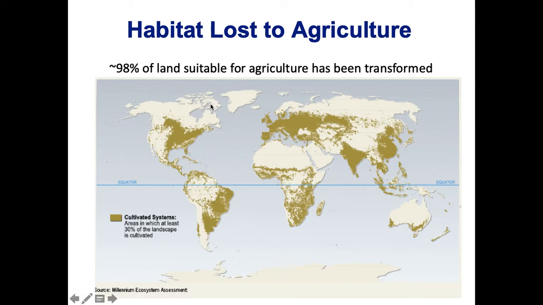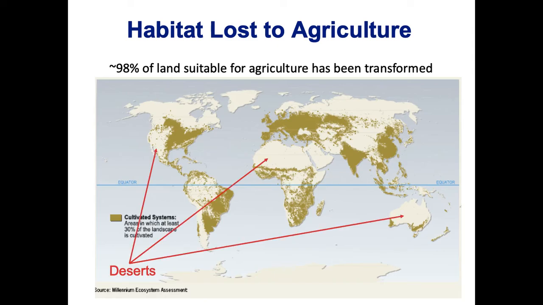And we've seen that almost all of the land that's suitable for agriculture has been transformed already. So 98% of that land is being used for agriculture.